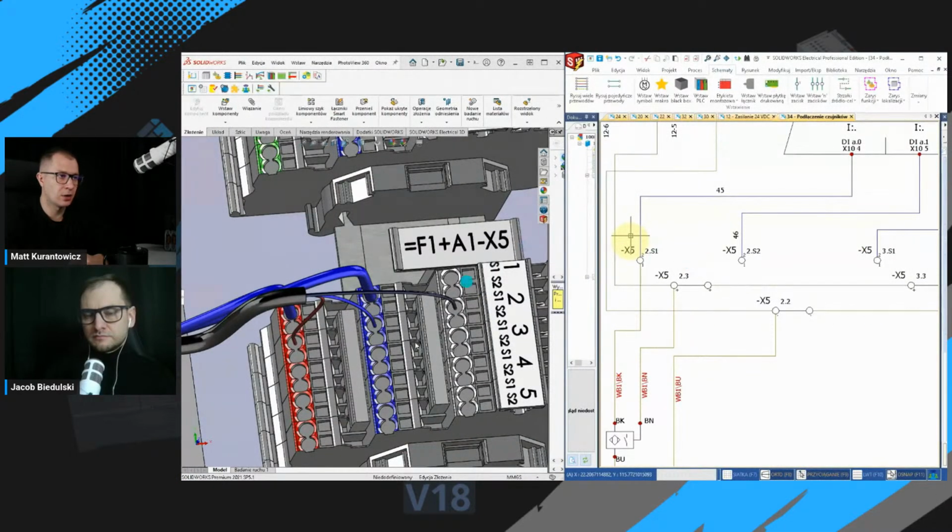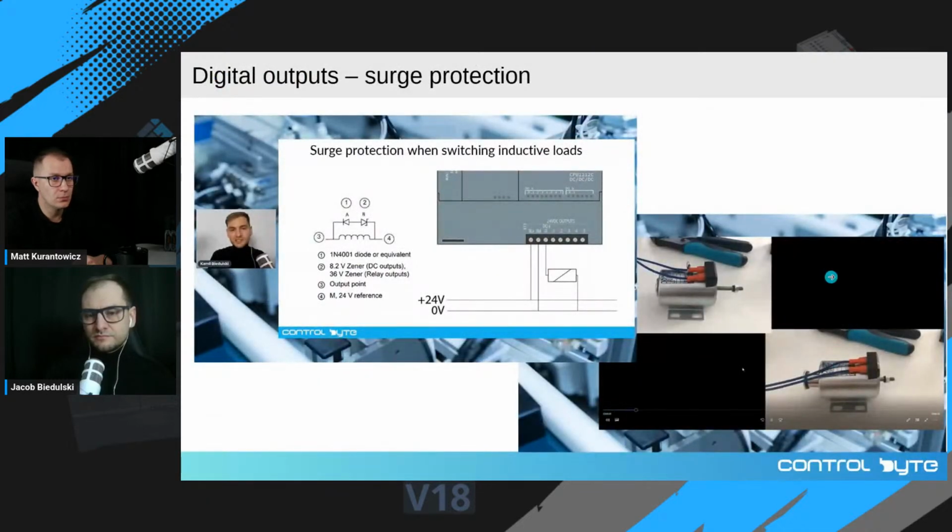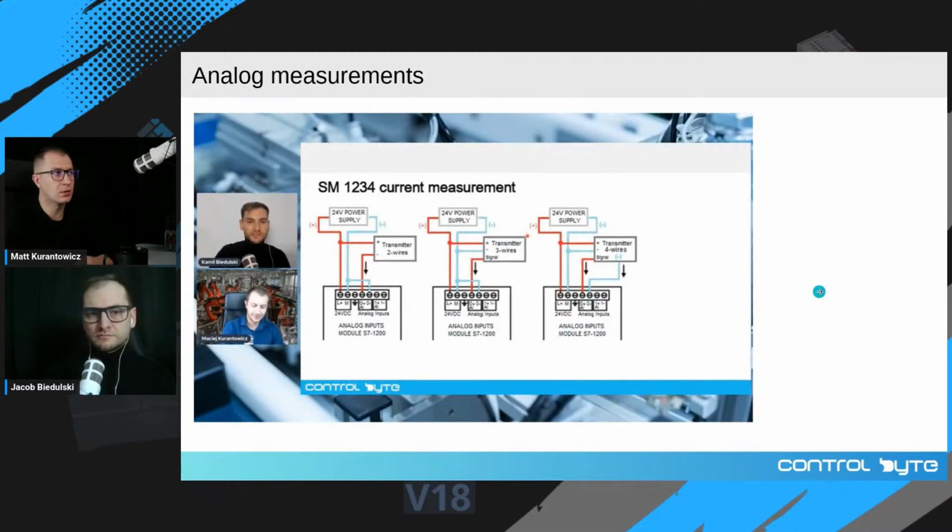Here we have such a terminal block, and we have 3 wires from our sensor. What's more, we show you how to protect outputs of our PLC and how to do analog measurements.